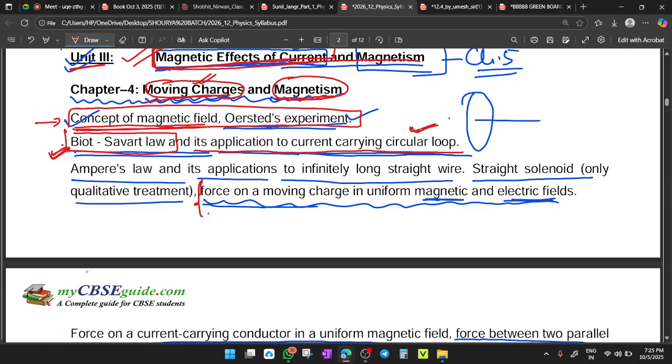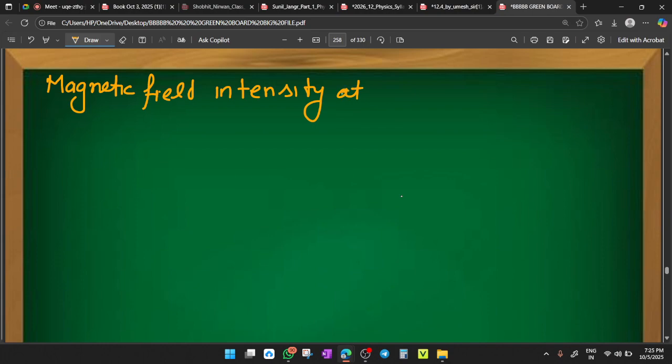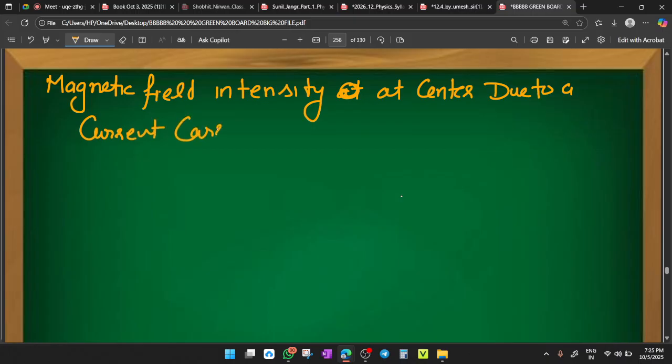The first derivation is to find the magnetic field intensity at a point at the center due to a current carrying circular loop.